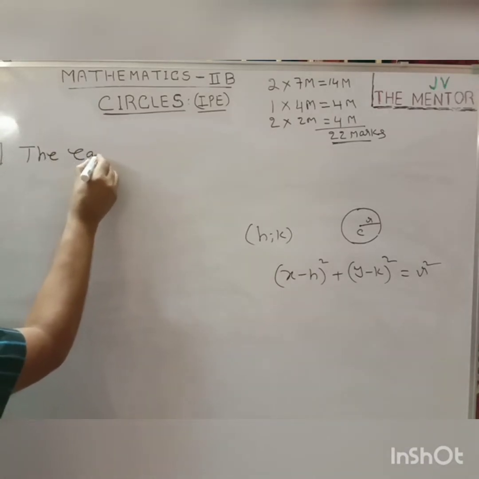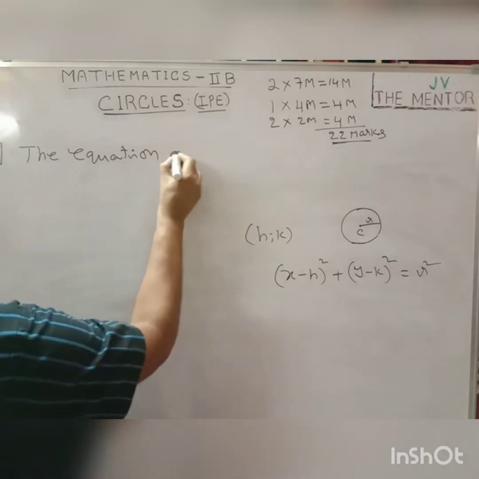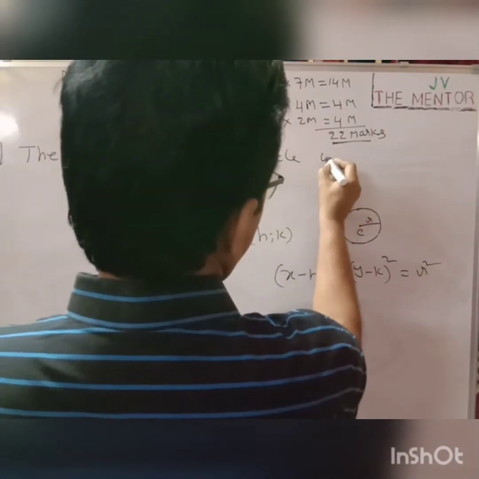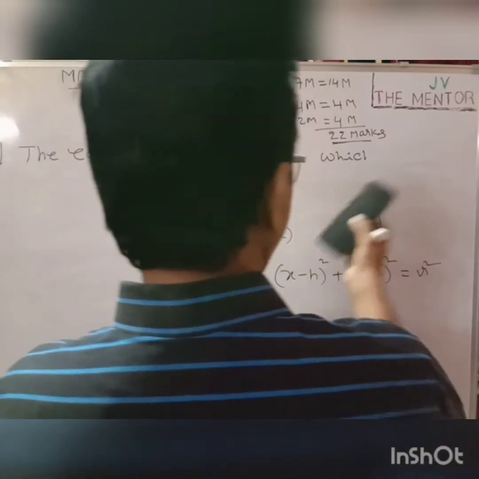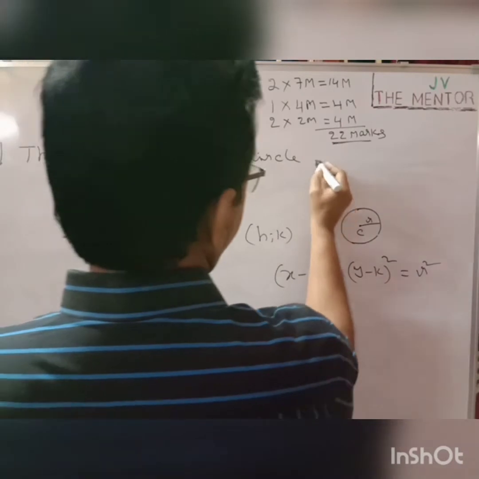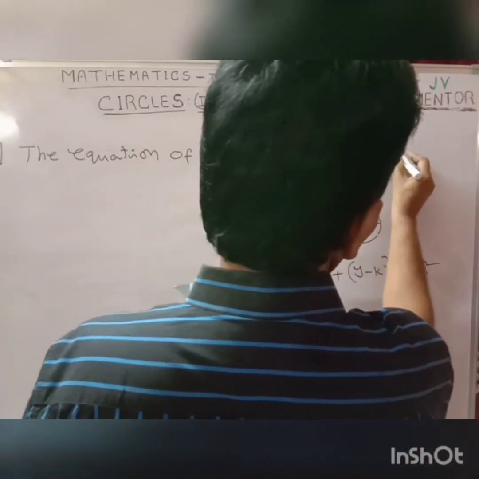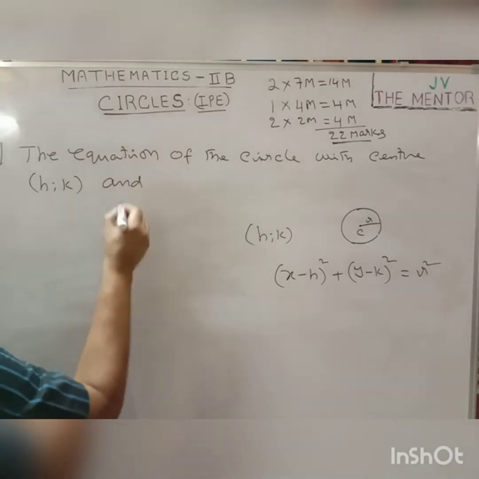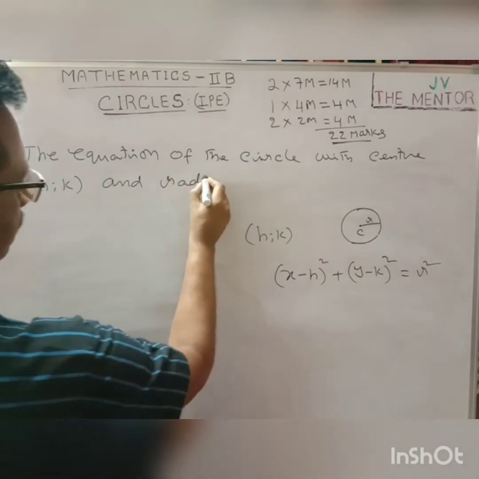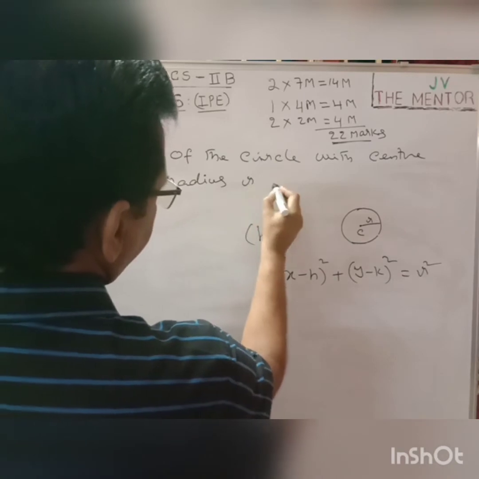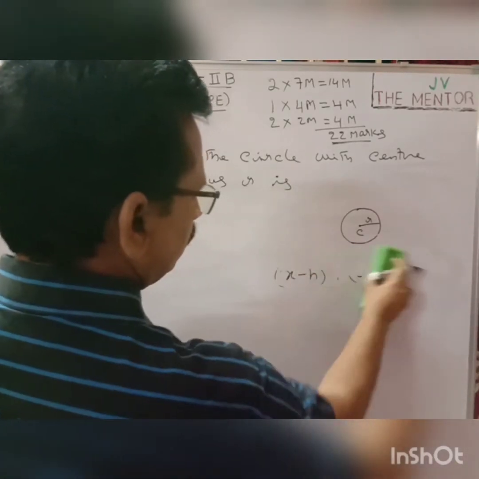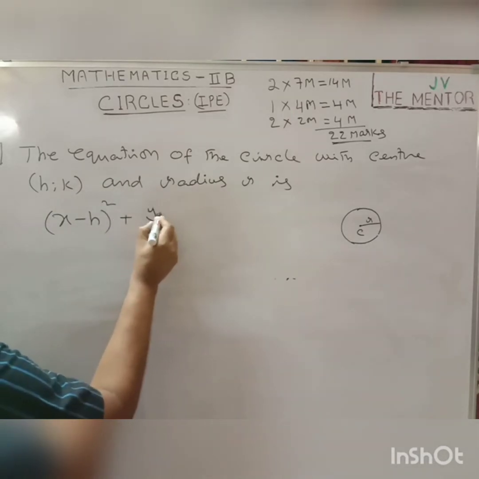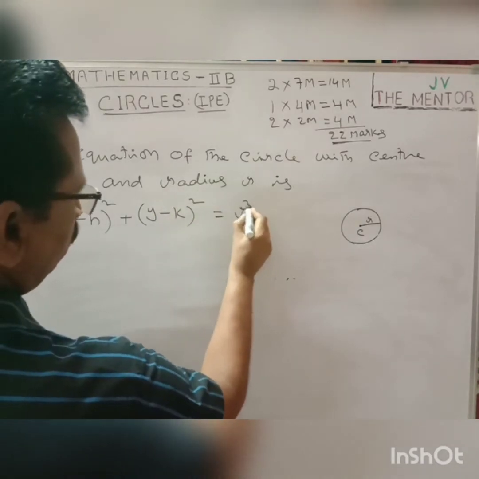The equation of the circle with the center h comma k and radius r is x minus h whole square plus y minus k whole square equal to r square.